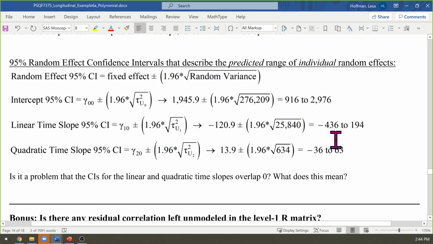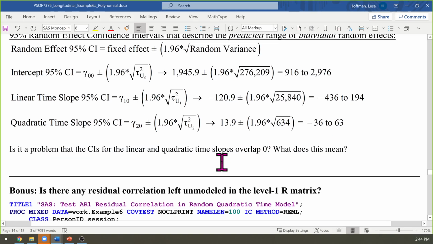At time 0, the linear slope is predicted to be anywhere between minus 436 milliseconds a session all the way up to positive 194 milliseconds. So some people are actually predicted to be worsening initially. And then likewise with the acceleration, some people are predicted to accelerate and other people are predicted to decelerate. It makes it harder to put these together when both of these have different signs potentially.